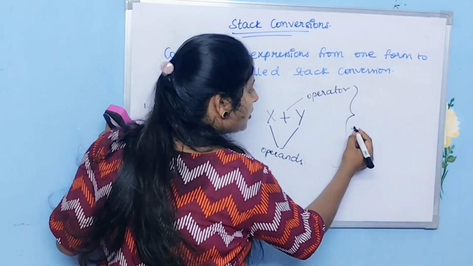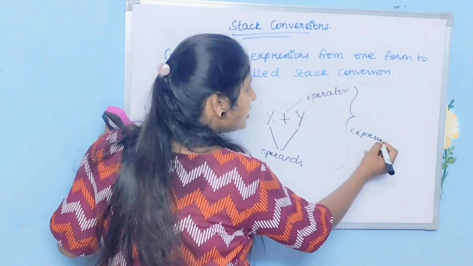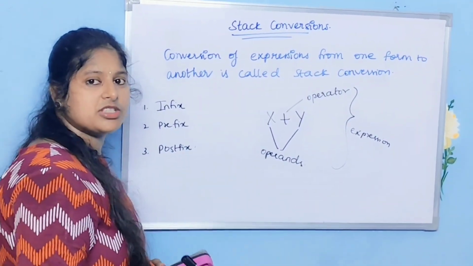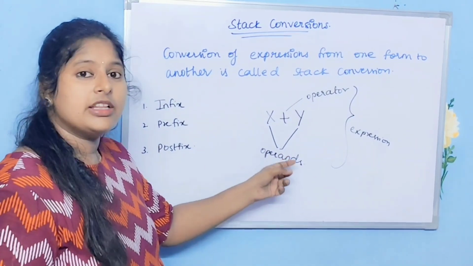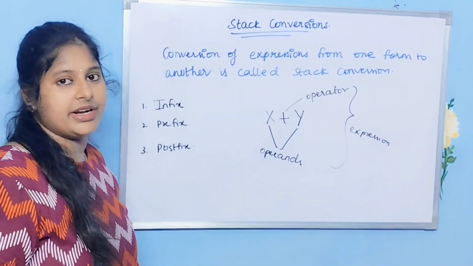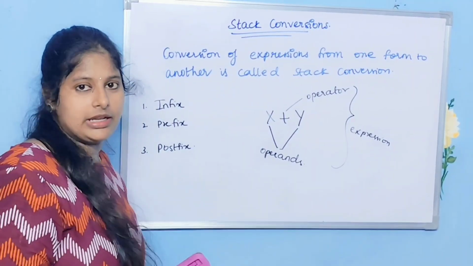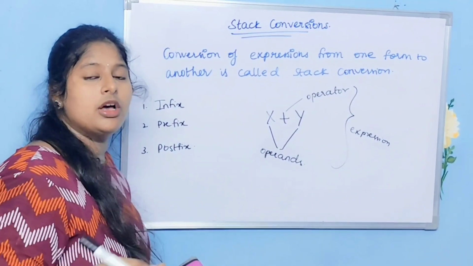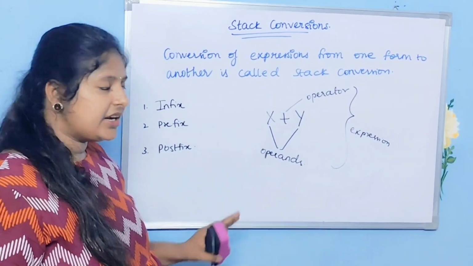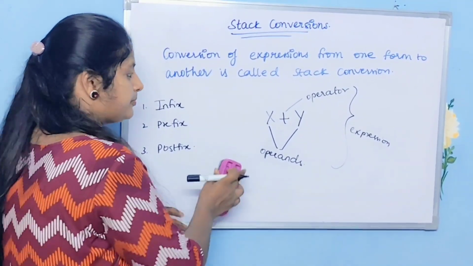This completely is known as an expression, and these values which you include in the expressions are called operands, and the operations you perform on the operands are called operators. Operator means symbol, right? You have known the operators before. So operator means a symbol, operand means a value, okay?